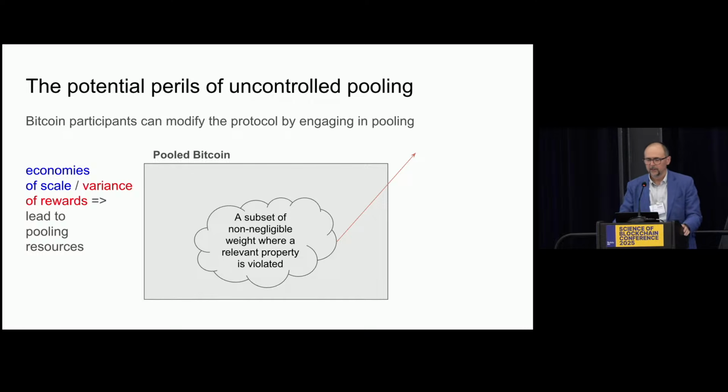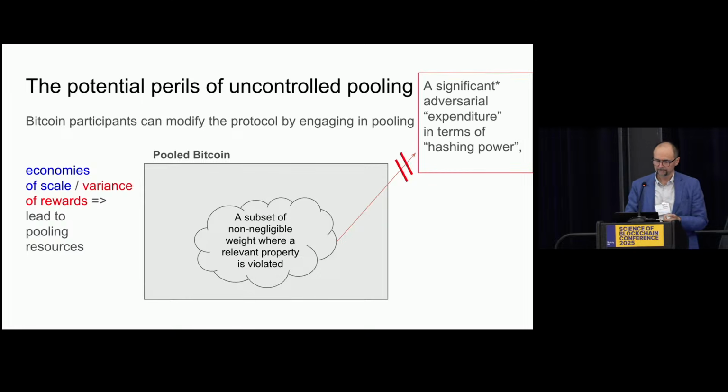Now, in Bitcoin, due to economies of scale and the variance of rewards, the participants can pool their resources together. And at the extreme point of this, just a few pools emerge, or even just one in the worst case, and then our observation and implication that an attack subset of executions leads to a significant expenditure may not be true anymore.